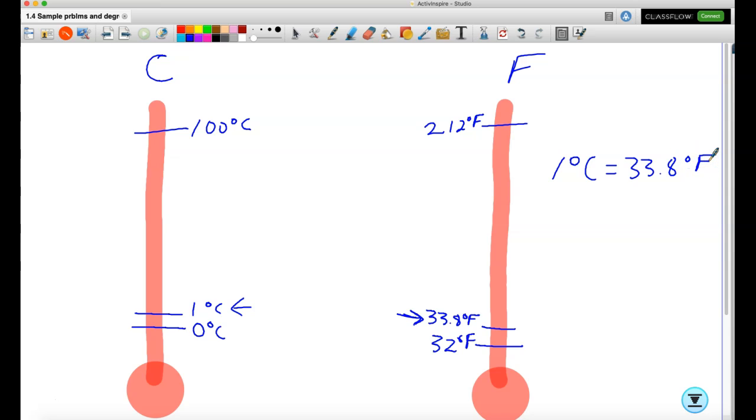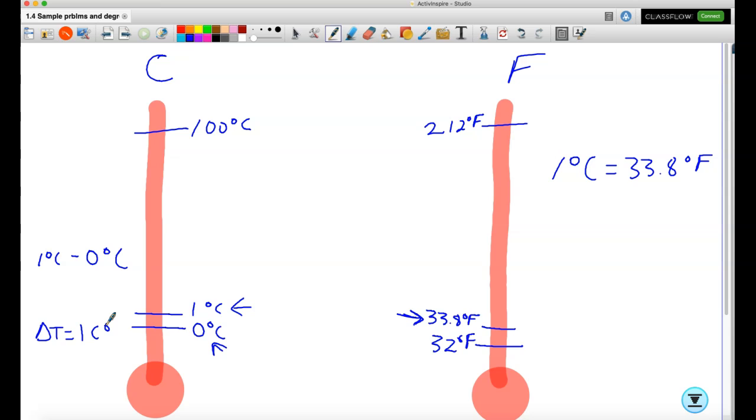But the temperature difference on the Celsius side would be my final temperature, 1 Celsius degree, minus where it started, let's say 0 degrees Celsius. When I subtract those two, I get a delta T of 1 Celsius degree.